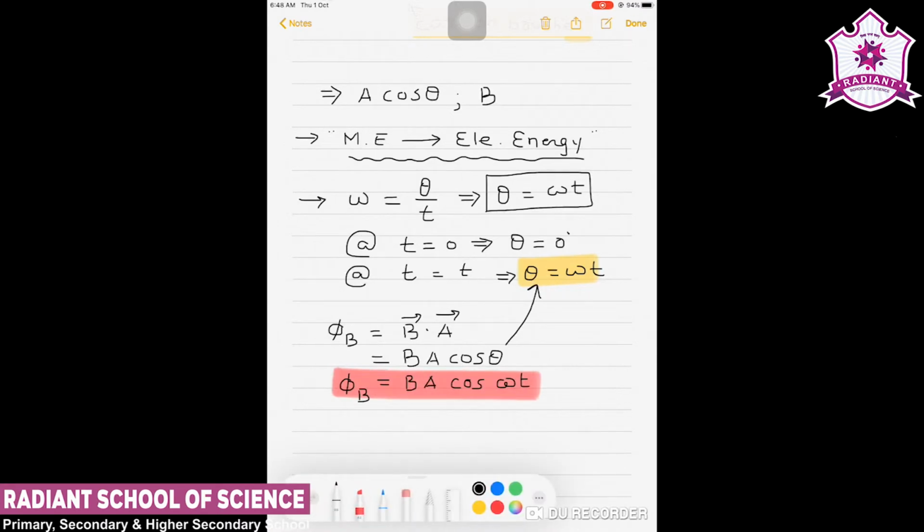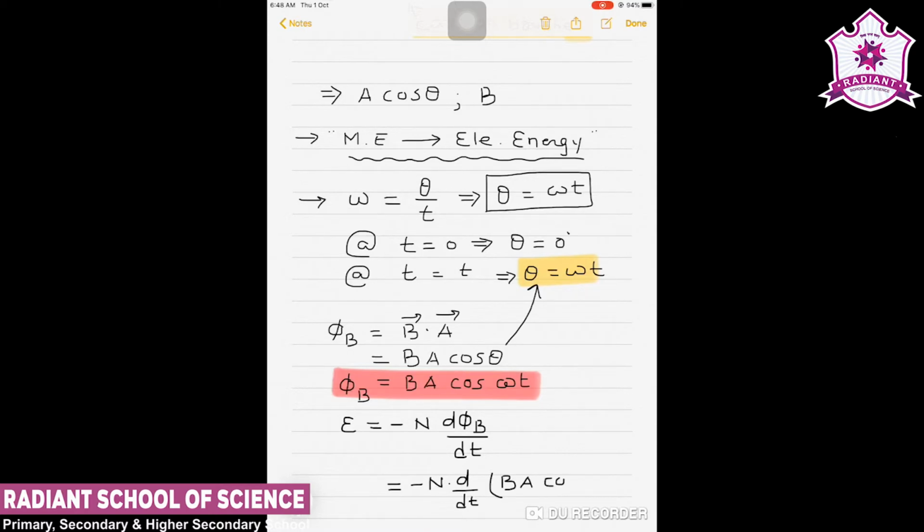Now from Faraday's law, the induced EMF for the rotating coil of n turns can be written as minus n d phi B upon dt, that can be written as minus n d by dt of B A cos theta, or B A cos omega t.